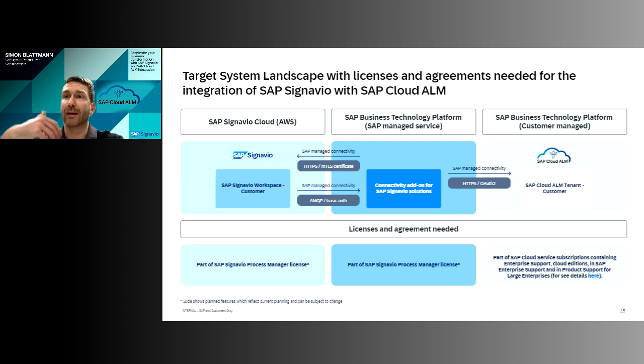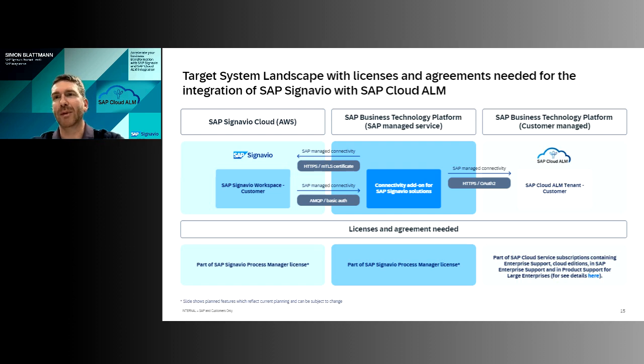With this, the updated or the new process becomes visible in the SAP Cloud ALM app. It can be used for scoping. And then you can also use it further for attaching your requirements and creating test cases. Whenever you have an update from Signavio, it basically creates a new draft. And as long as you don't publish this draft in Cloud ALM, a new version of the draft is created.